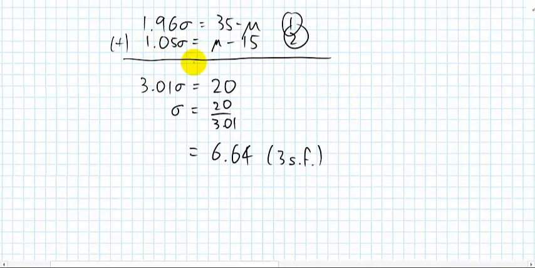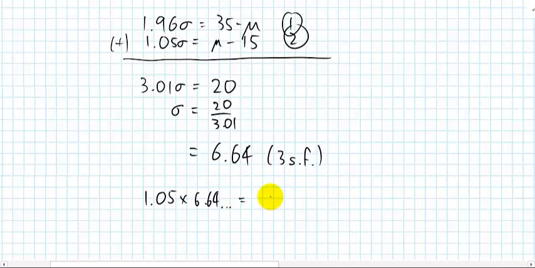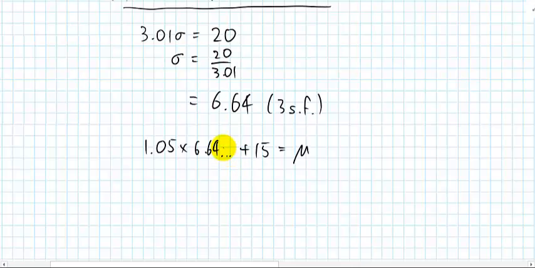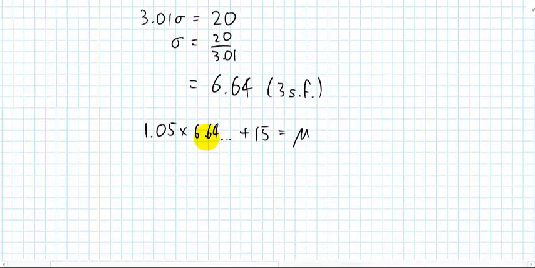Let's use the second equation. It seems easier. So 1.05 times 6.64, let's add 15 to that. This is equal to mu. Now this is a way of writing that 6.64 is not exact, but I have decimals left.